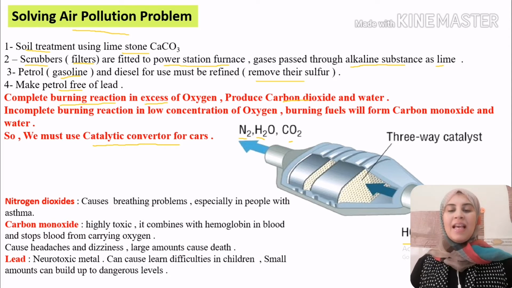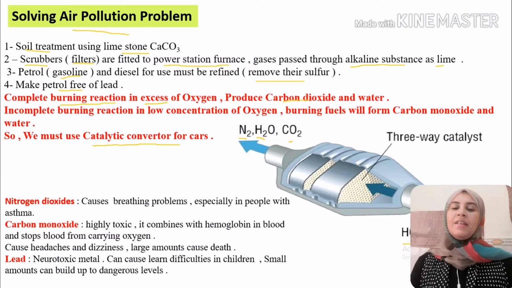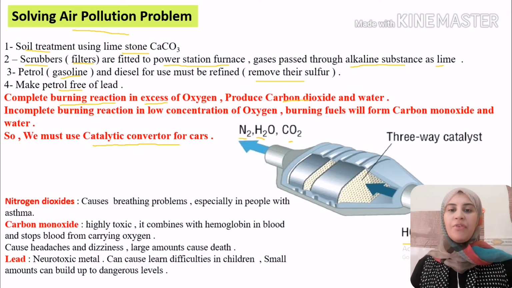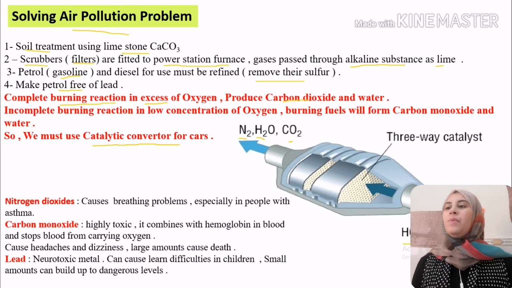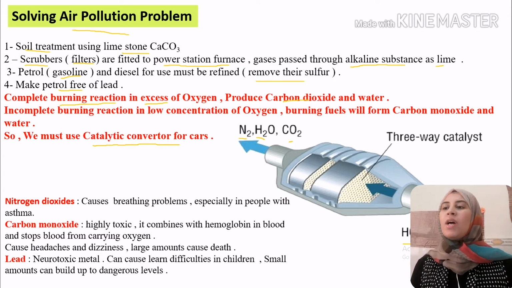So take care of all of these gases. We can produce all of them from burning petrol in cars. Take care: all new types of petrol must be free of lead. Why? Because lead is toxic and poisonous to our catalytic converter.